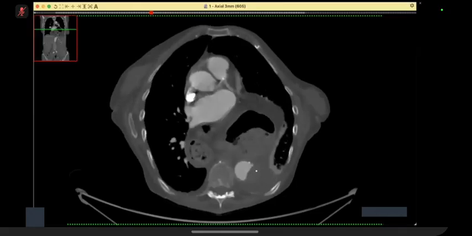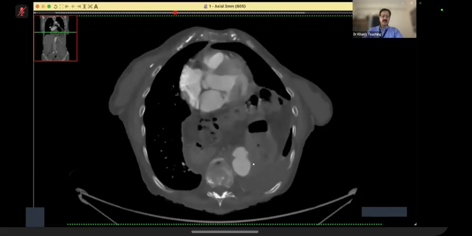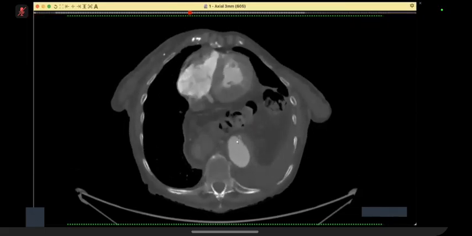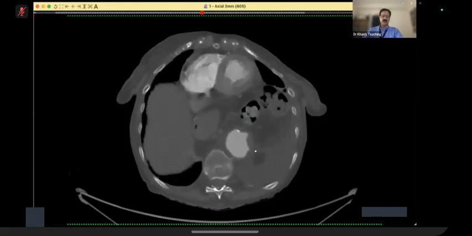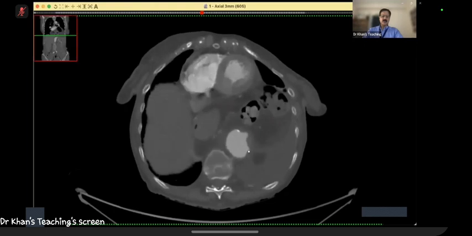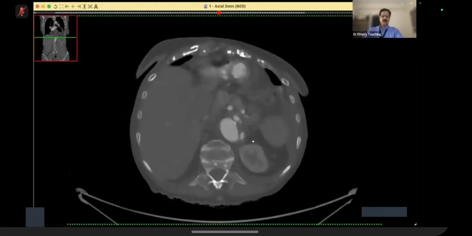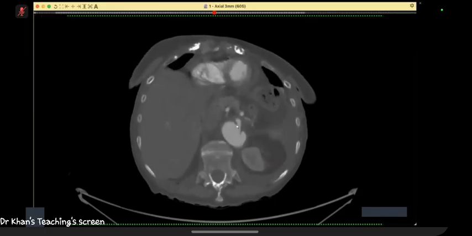Going back here, there were other ulcers. So this was another ulcer, and more distally, another dissection flap has developed, and then more distally, just before we go to the abdominal aorta, there is another ulcer here, and another ulcer here, and now this is the first artery, which is the celiac artery.